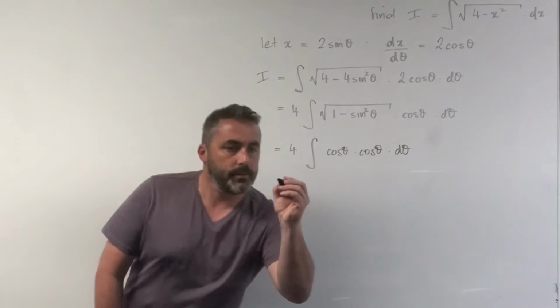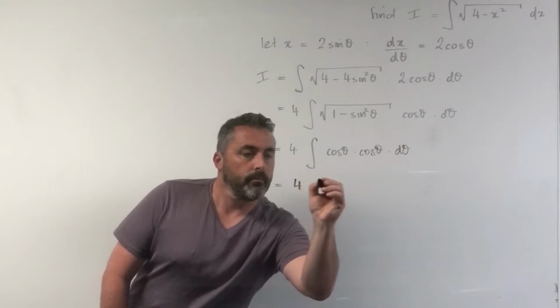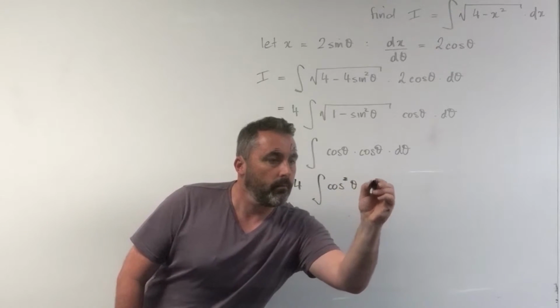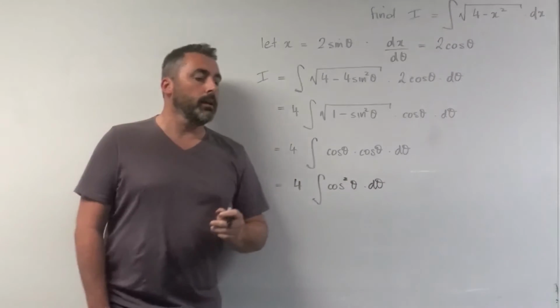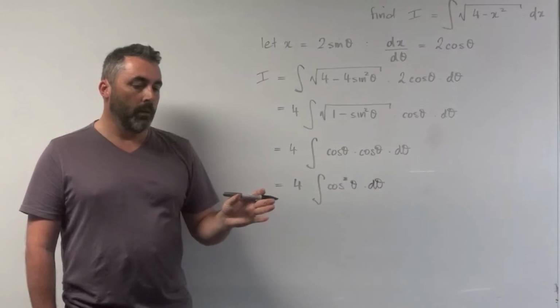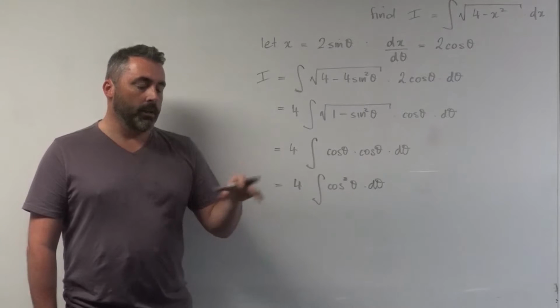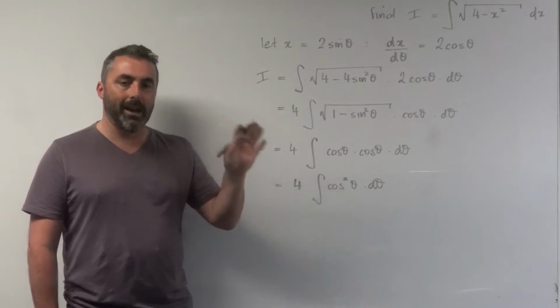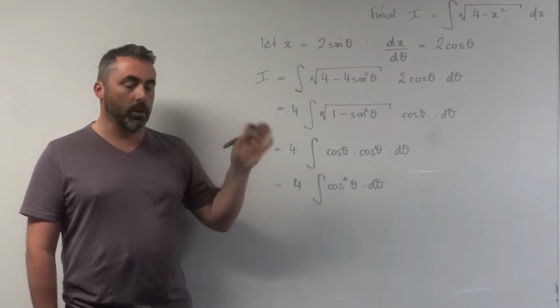And so that gives us, and now we can use our double angle identity here, because cos squared theta is a half of 1 plus cos 2 theta.